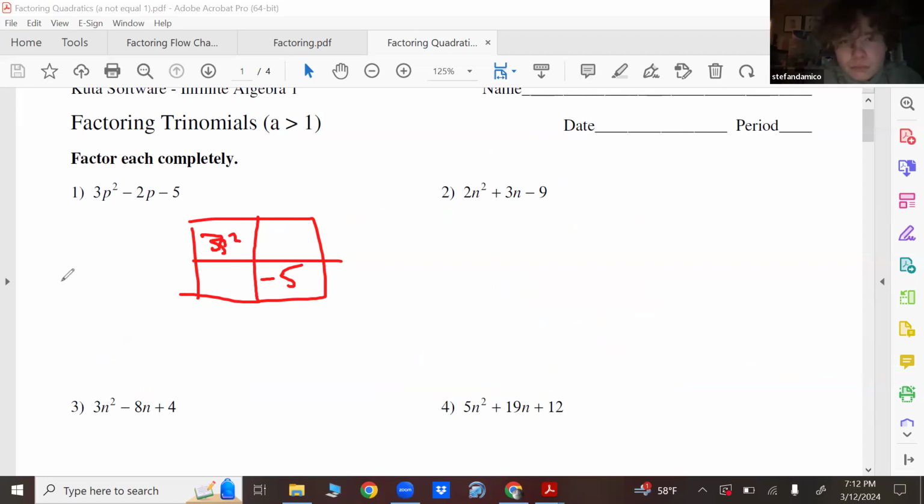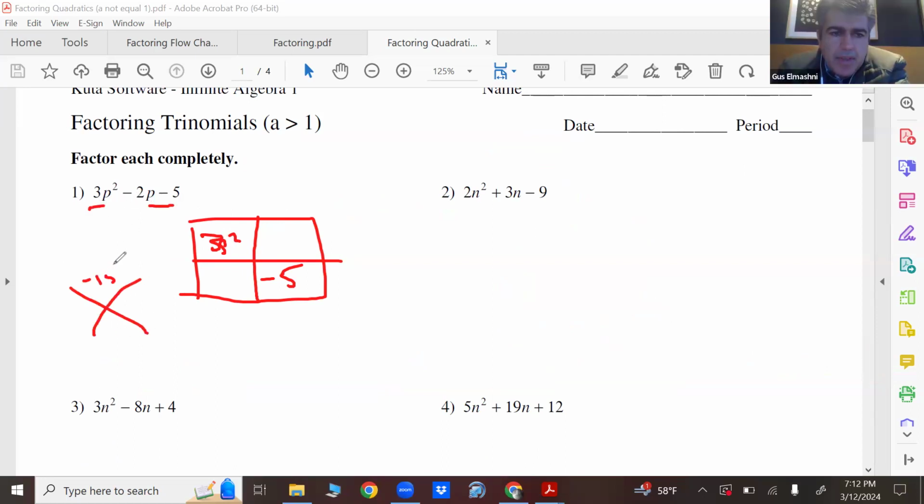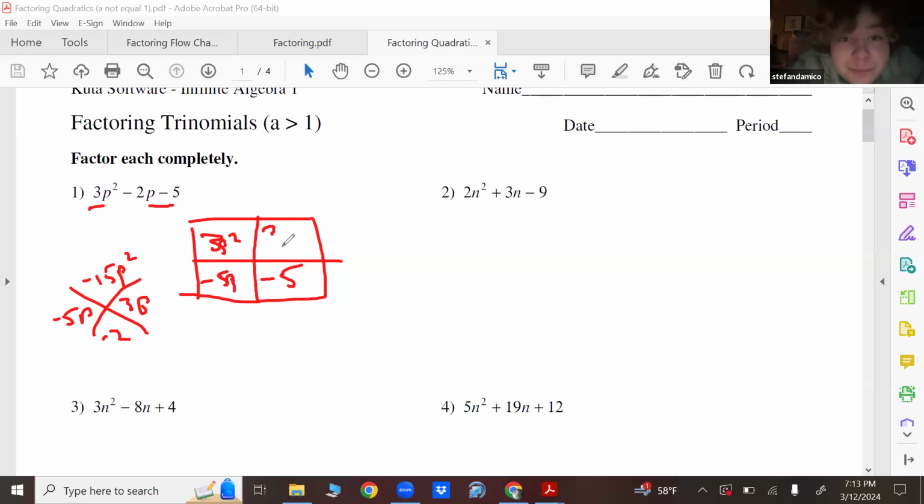But then I have to find two numbers that multiply to -15 and add to -2. Actually, that's p squared, so it'd be -5p and 3p. Then that has to be 3p and p, -5 and 1. And there you go.